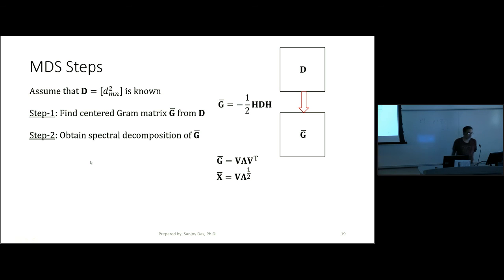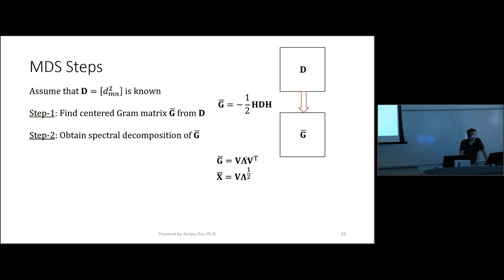G bar will be a symmetric matrix, and I'll show it to you at the end. And so its spectral decomposition will be of this form. Actually, any Gram matrix is always positive semi-definite. Just remember this at the back of your head, not for this course, but in the long run.